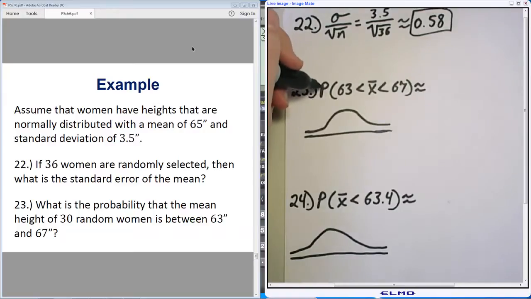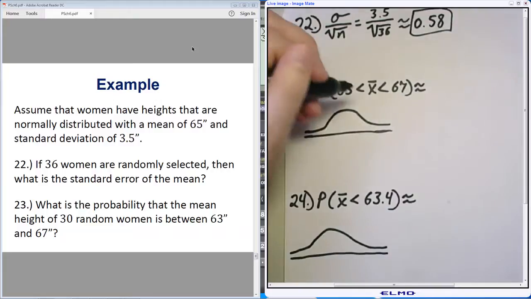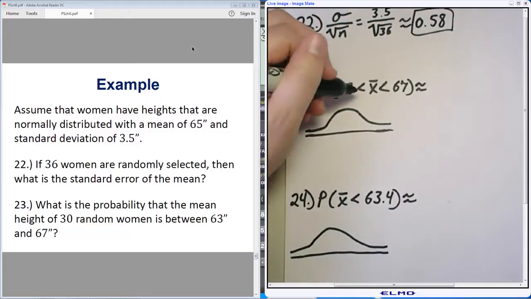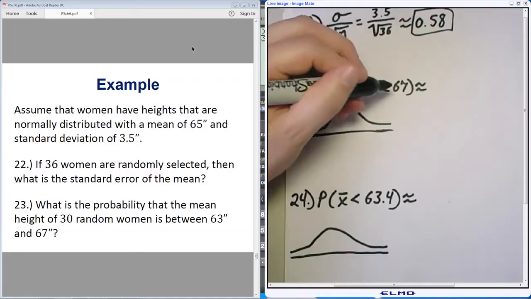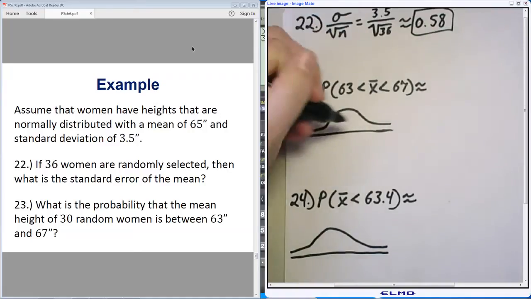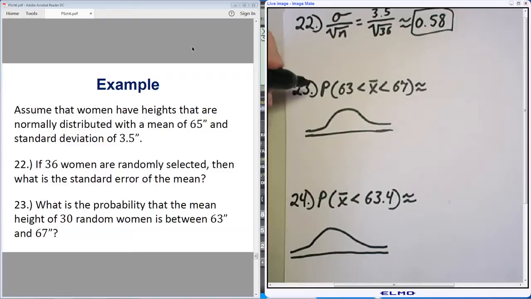So first, my statement. All right, the probability of 63 is less than x bar, because it's the mean height, is less than 67. Then I make a sketch. Remember the 4 S's. Probability statement, sketch, syntax, and solution.